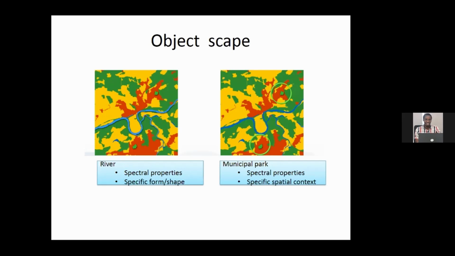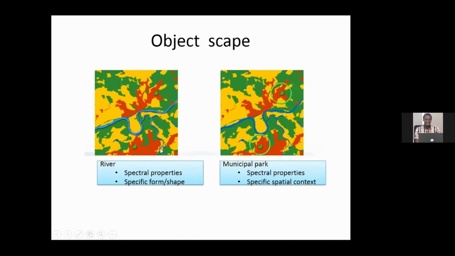Maybe red is forested. So it will just tell you that kind of thing. But when you use object-based image analysis, you can infer from the form or the shape that this is a river and this may be a lake or something else. Because of this form, we're able to go further than water. We can infer and say that this is a river.